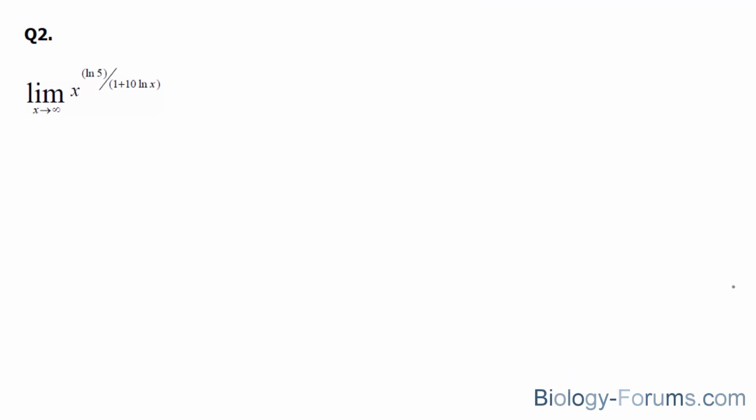In this question, they're asking us to find the limit as x approaches infinity for x to the power of ln 5 over 1 plus 10 times ln x. We can use the same technique as before, where we set this equal to y. If we do that, we end up with y is equal to x to the power of ln 5 over 1 plus 10 ln x.